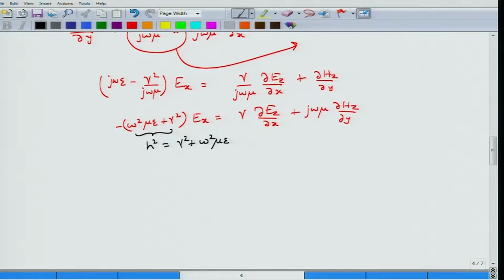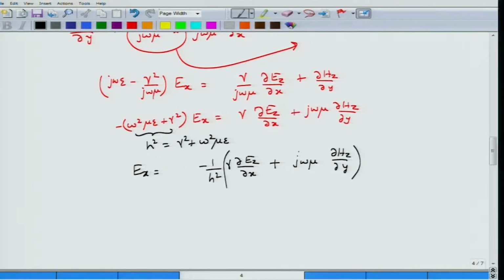If I call this h square, then Ex will become minus gamma by h square del Ez by del x minus j omega mu by h square times del Hz by del y. I can pull this minus sign outside and take h square as a common factor. So what I get is minus 1 by h square times gamma del Ez by del x plus j omega mu del Hz by del y. So this is what I get for Ex.